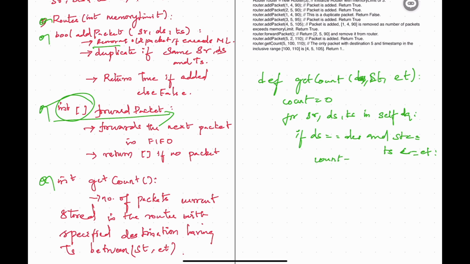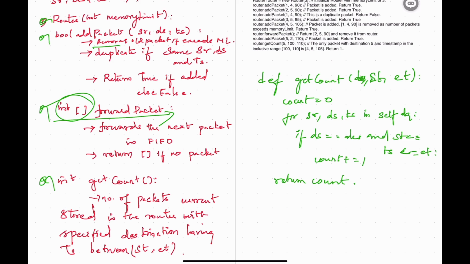Then you will be adding the count of 1, and in turn, once you have traversed all the values, you will know the count of the destination that falls between the given period. Got it? So then you will be returning the count. So yeah, this is the exact solution that we have used to solve the given question.